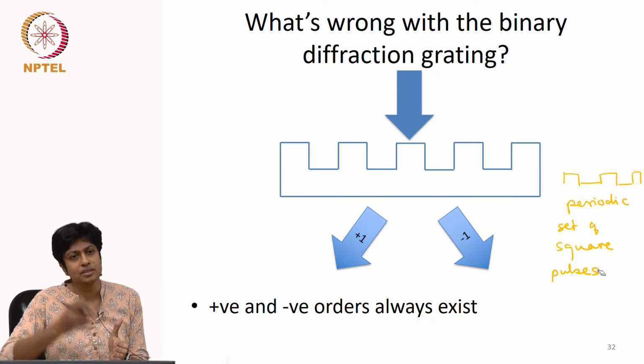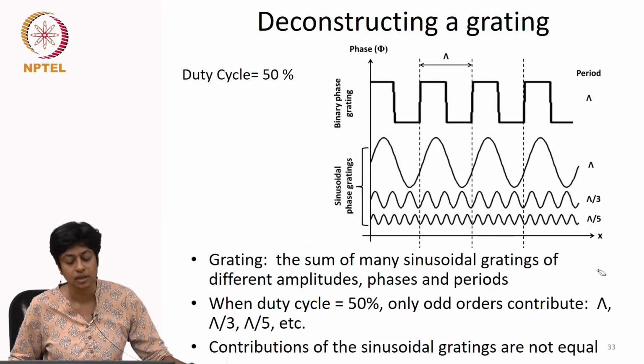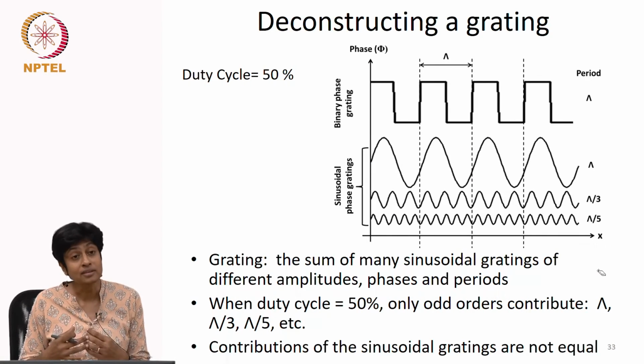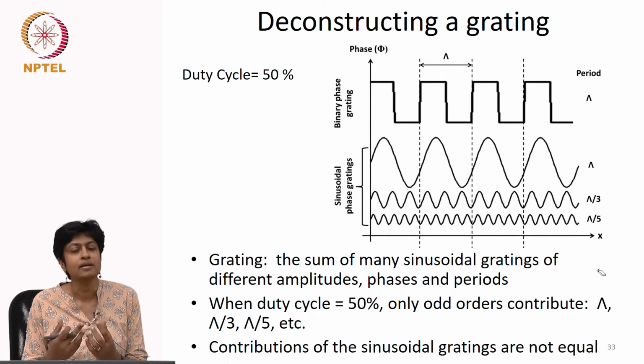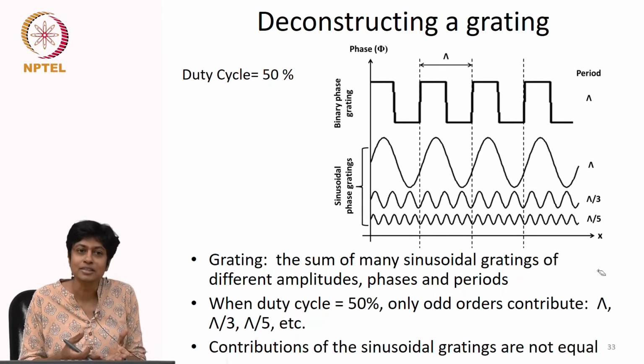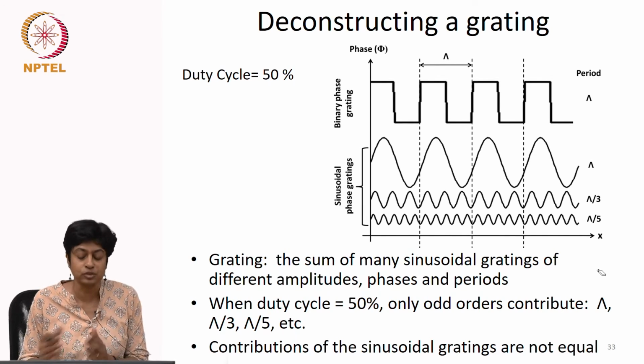If I thought of this as a periodic set of square pulses, what would the harmonics be that are required to create this periodic set of square pulses?